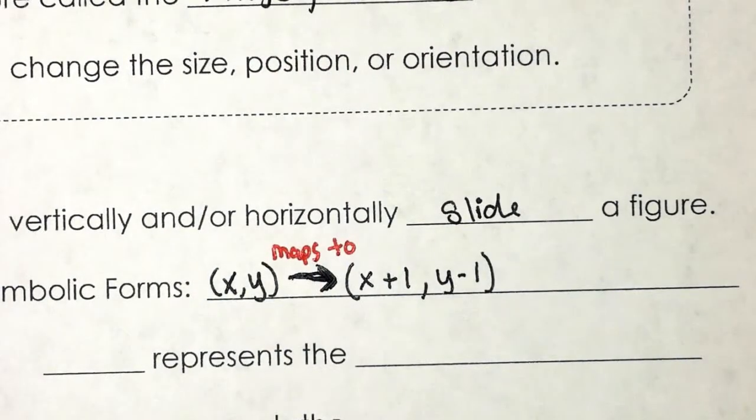So if I was to read this fully out, I would say (x, y) maps to (x plus 1, y minus 1). And I'll probably say the word mapping a little bit in this unit. It's just the word we use for when we move transformations via translation, reflection, or rotation. When you're moving, it's called mapping.